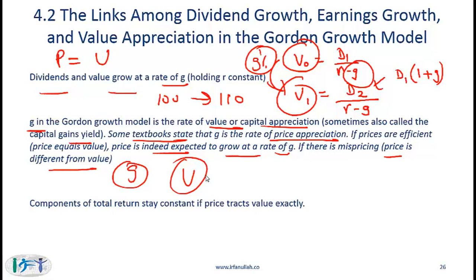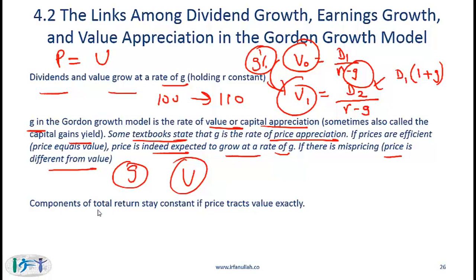Because changes in price also depend on what's happening with mispricing and whether the mispricing is going away or not. So just remember the fact that G refers to the rate of change of value. And for most of our practical examples, G then will also translate into the rate at which dividends are increasing.